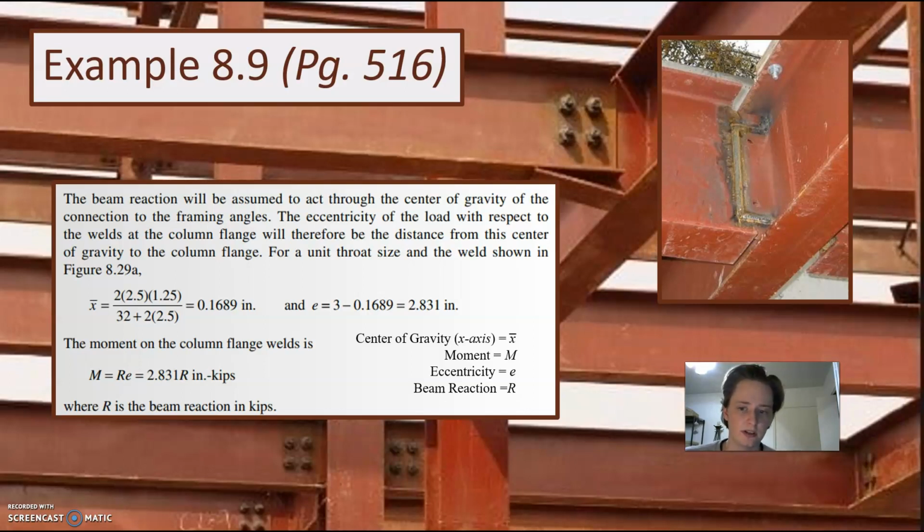An important thing to note is that instead of solving the moment and just having a simple value, we're going to be using a variable, which is this R right here. We're going to continue to use that throughout, because we're not trying to see if this passes, so to speak, we're trying to see the maximum reaction that this column can experience.